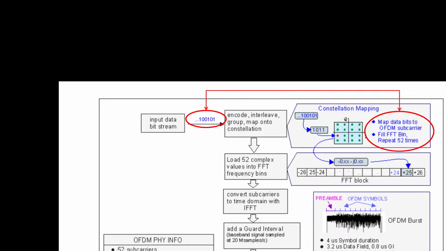Okay, so here explains the process, and here is the physical information. There are 52 subcarriers, 48 for data, 4 for pilot, 312.5 kHz carrier separation, and the bandwidth is about 20 megahertz.